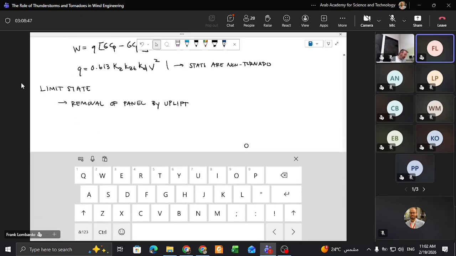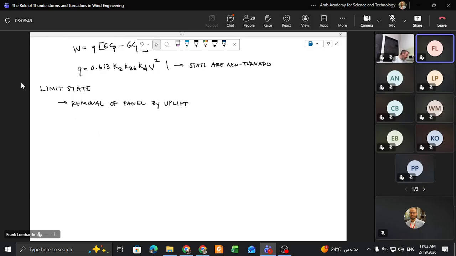Easy enough. That panel is going to get removed, pulled away from the building.